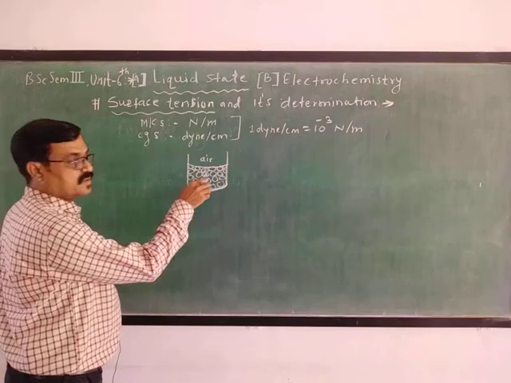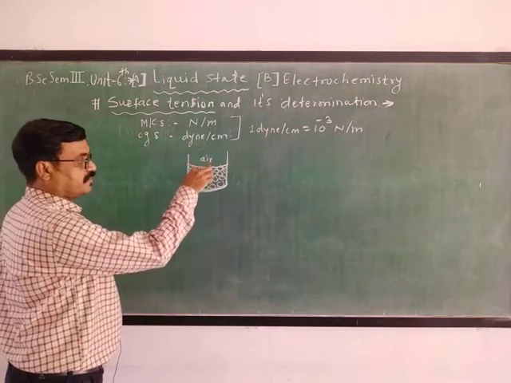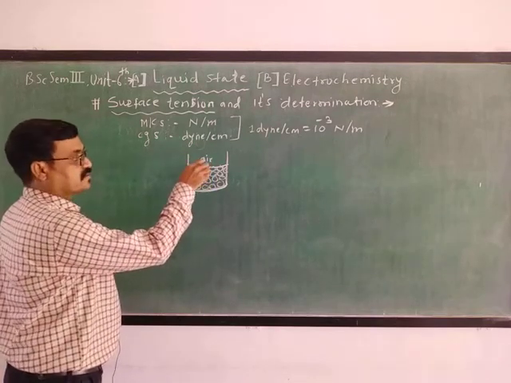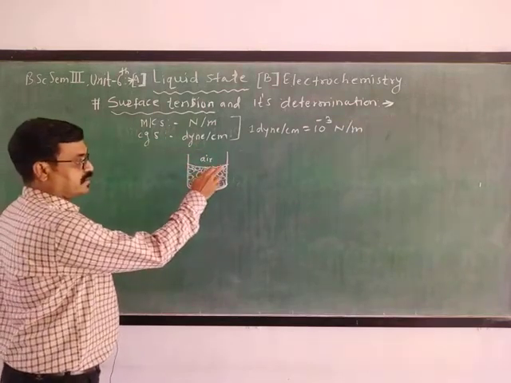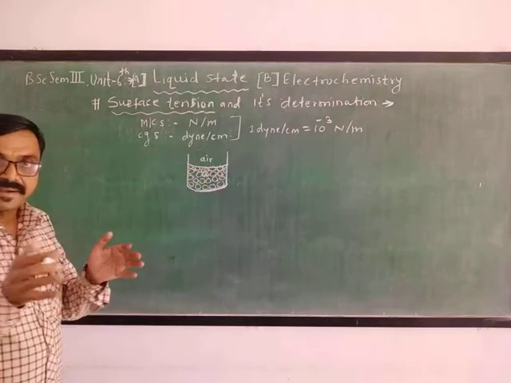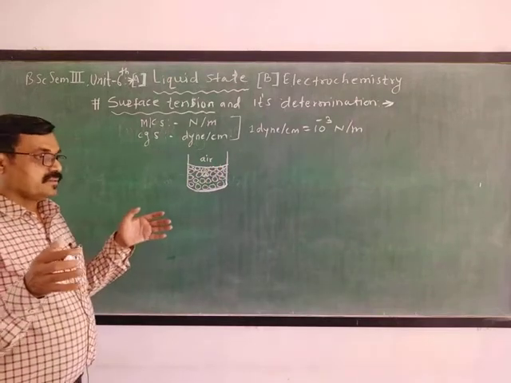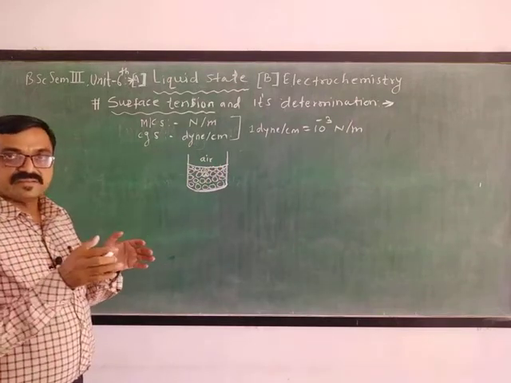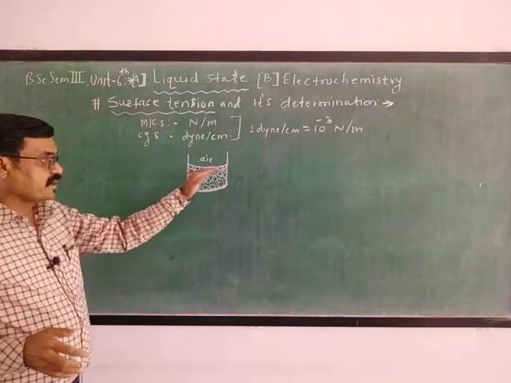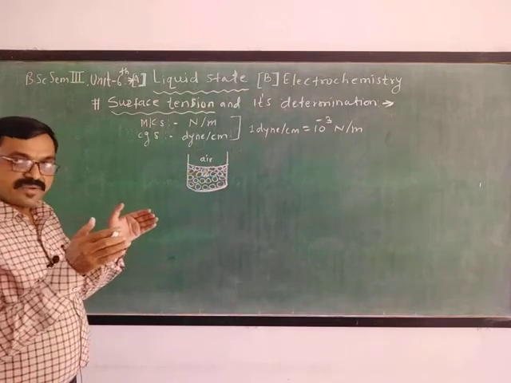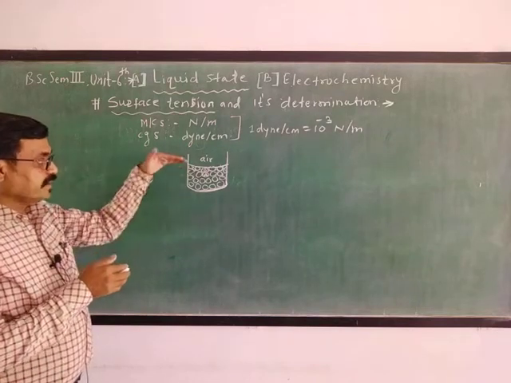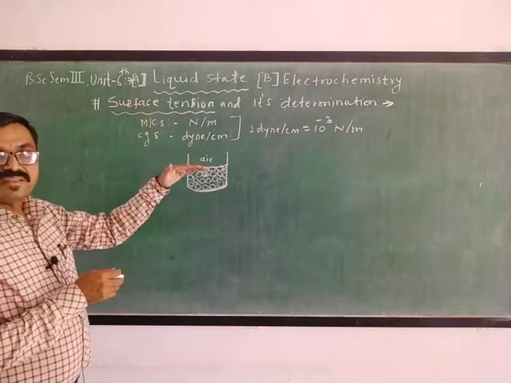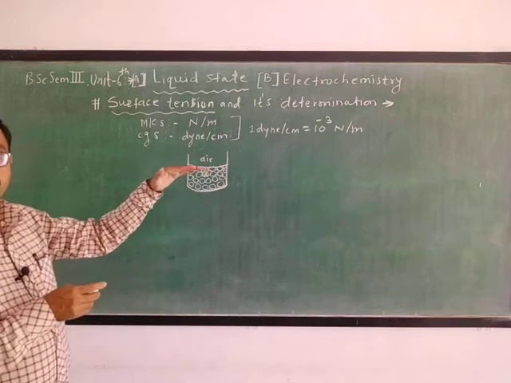No doubt this inward pulling force is more as compared to the force of attraction due to air. That's why the upper layer gets contracted and the surface area gets minimized. This contraction of the molecules of the liquid at the surface creates a tension on this surface. This is nothing but surface tension.